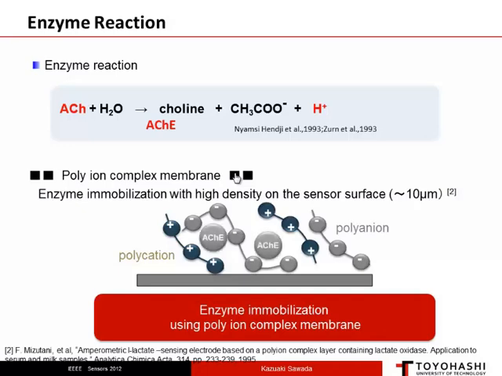Then we employ the polyion complex membrane to immobilize the acetylcholine esterase. This polyion complex membrane is a very good material to hold acetylcholine esterase with high density.